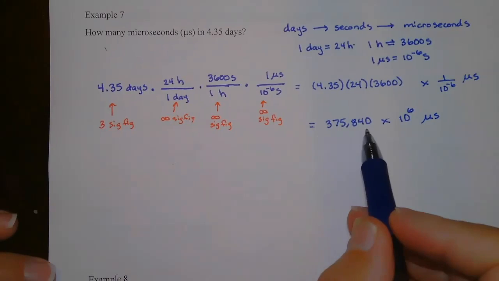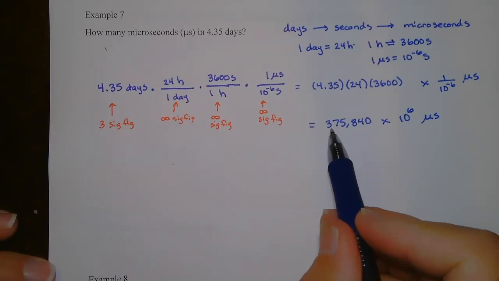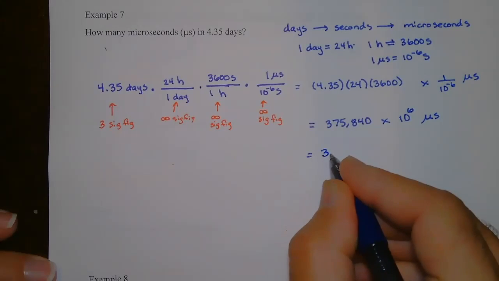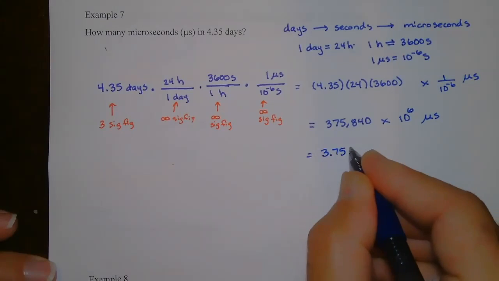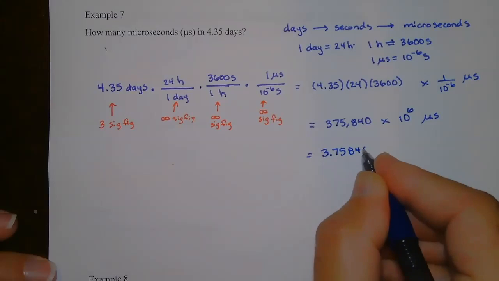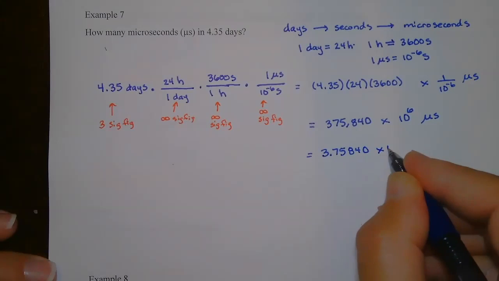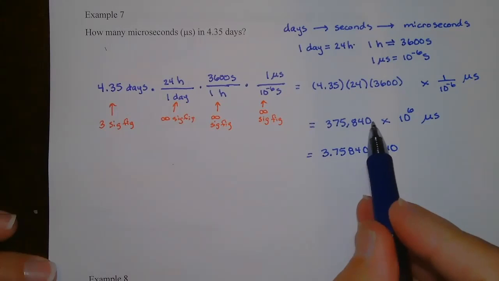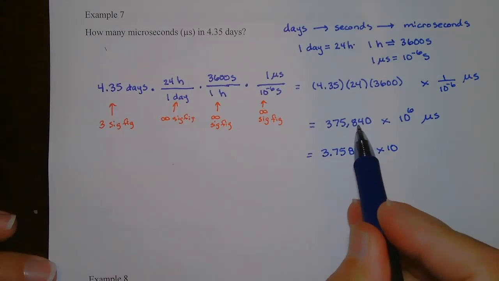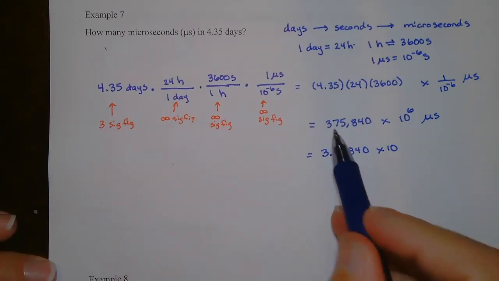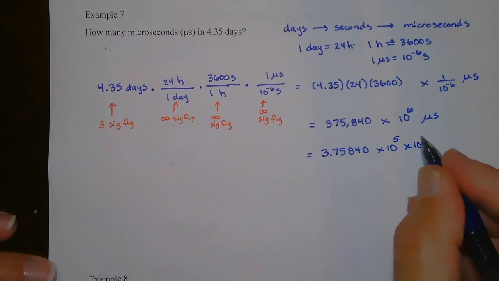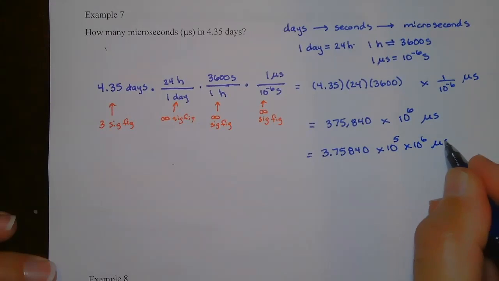So I'm going to move the decimal to just to the right of the 3, and this becomes 3.75840 times 10 to the 5th, because that's a big number so my exponent is positive, 1, 2, 3, 4, 5, times 10 to the 6th microseconds.